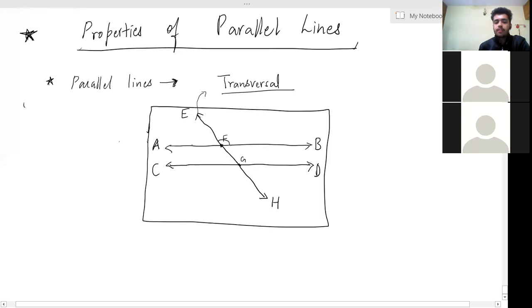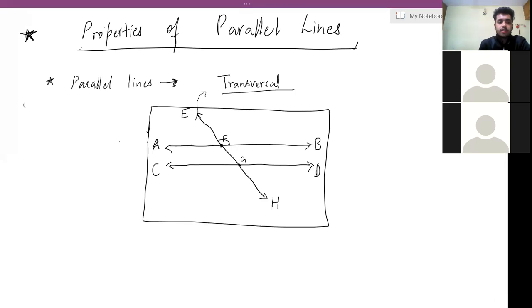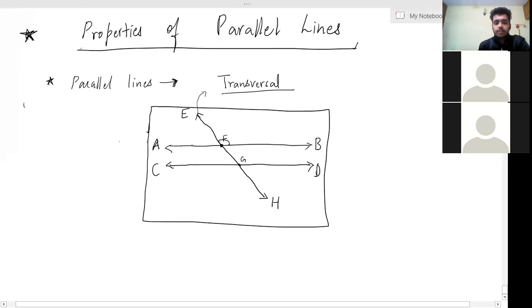this angle. Let me change the color. This angle, see what I'm drawing in blue. This angle and this angle are equal. So for example, what is the name over here?